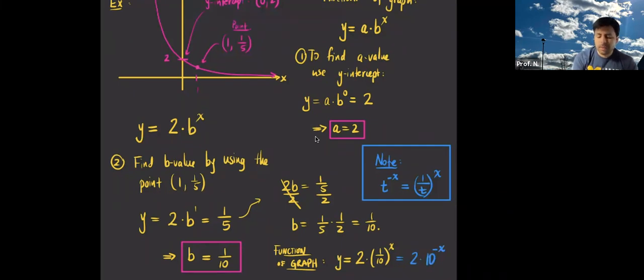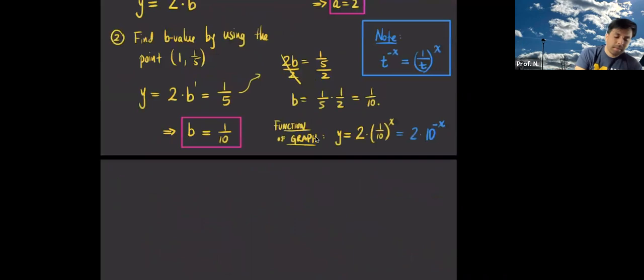And if you don't believe me, you can just take this 10 to the negative x and make the exponent positive. 10 to the negative x is also written as 1/10 to the positive x, correct? But I can also rewrite this as 1/10 to the x and raised to the x power.